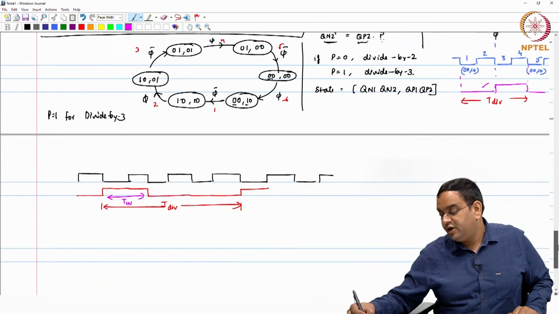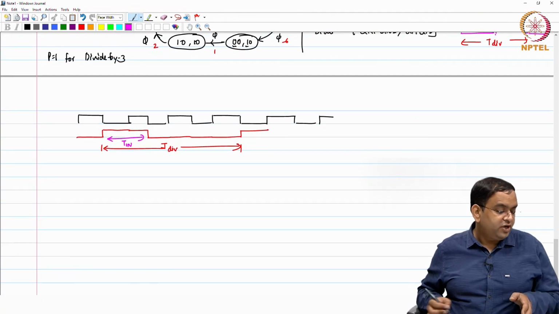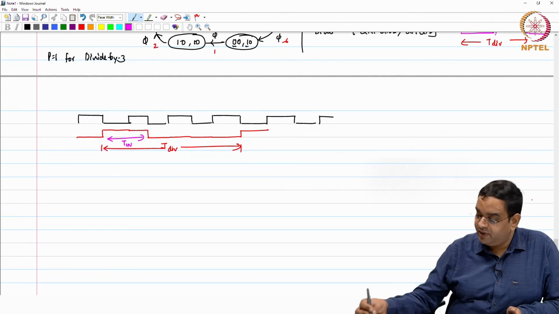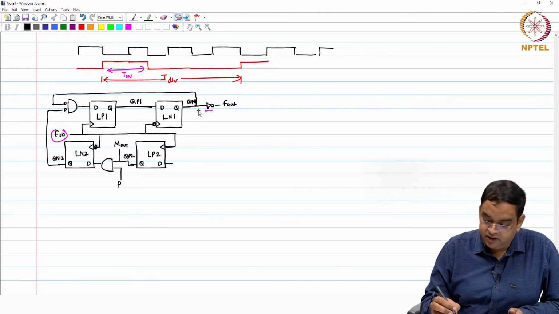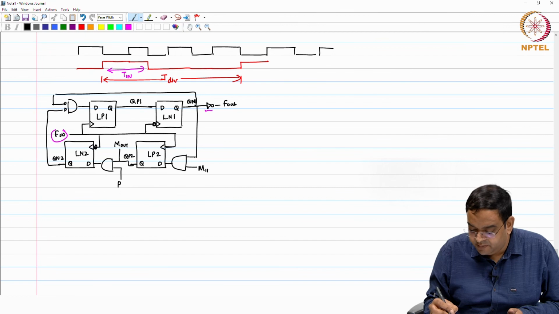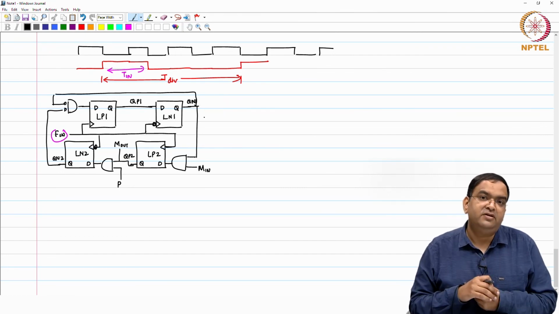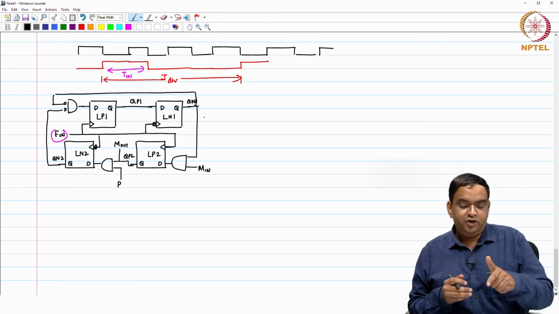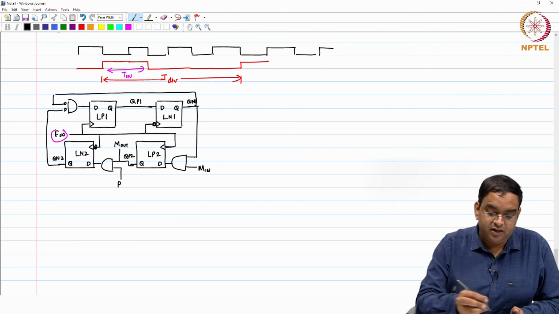Okay. So, now if we want to have any division ratio, what you can do is you can cascade these divide by 2 by 3 circuits. Okay. There is a NAND gate which is going to, this is M in. Now, you will divide by 3 only when Mn is 1 and P is also 1. You will not divide by 3 otherwise. Okay. This is needed when you cascade these blocks.